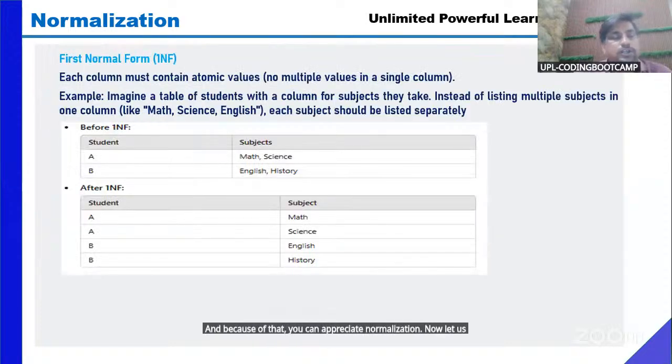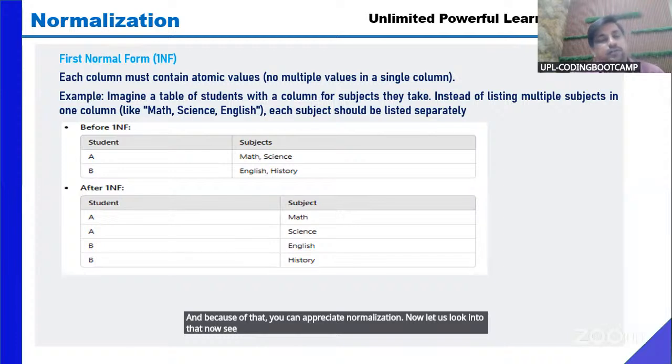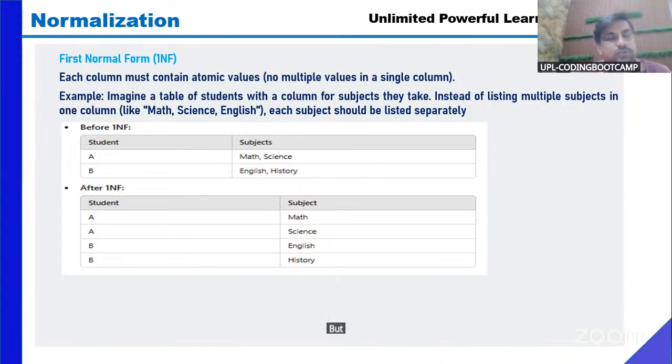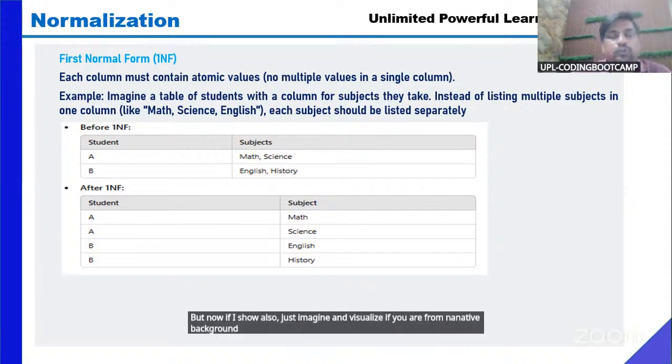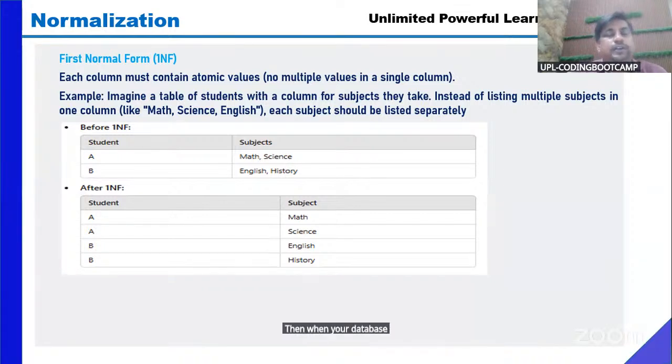Forget the SQL concept for now, because we are going to learn it anyhow. Just imagine and visualize, even if you are from a non-IT background, don't worry too much, but if you want to design a database, it should be in the third normal form minimum. Then only your database is said to be very good.